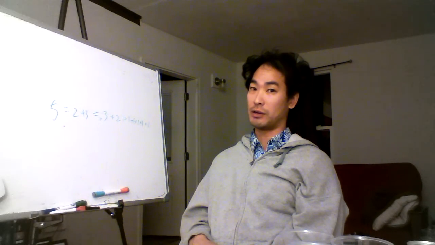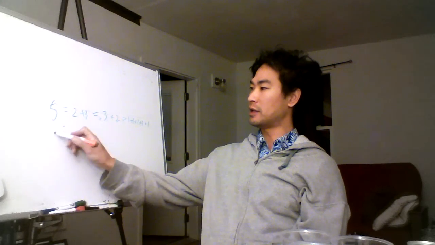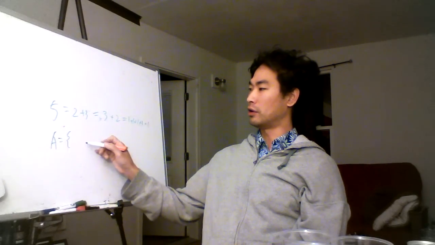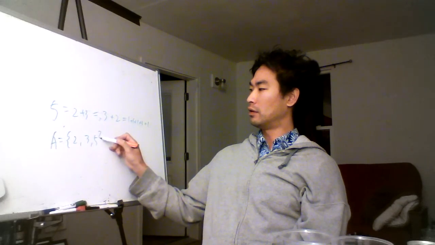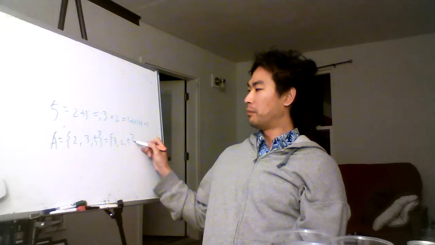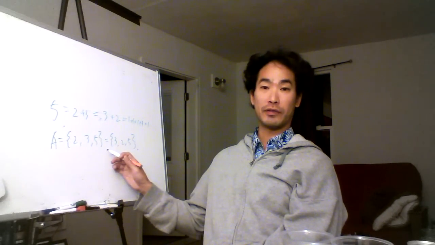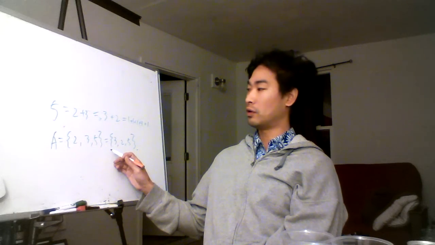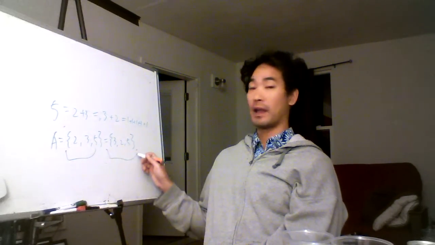It seems that's kind of important. For example, let's say set A is equal to {2, 3, 5}. This is the same as {3, 2, 5}, but we do care about lexicographical ordering. So we're going to distinguish these two.